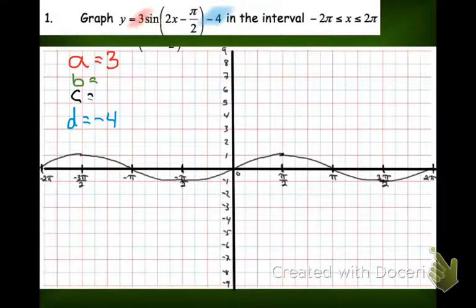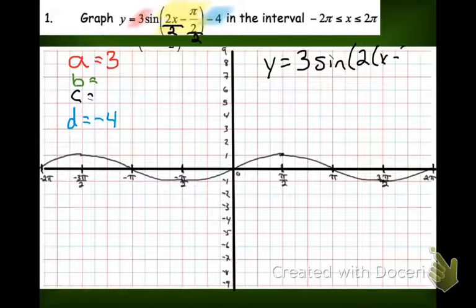And this is one of those tricky parts, again, where you need to look at what's here and say, okay, I need to get rid of that 2. So to get rid of that 2, you're actually going to go ahead and divide it out. So I would divide this by 2, and I would divide this by 2. So my new equation will be y equals 3 sine of 2x minus pi over 4, minus 4 on the end there.